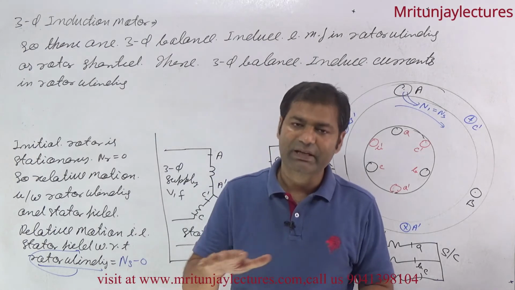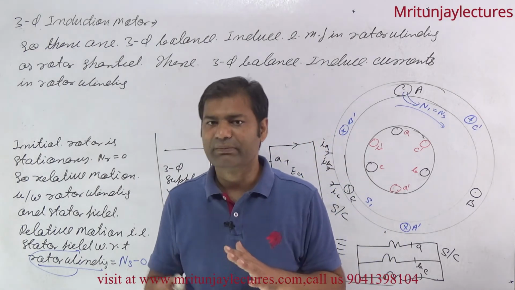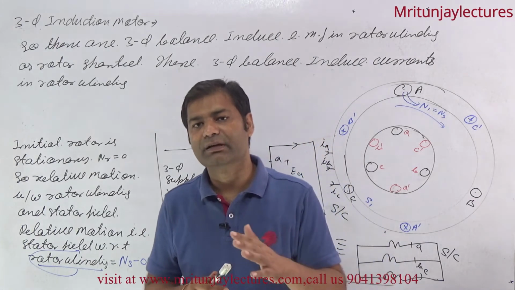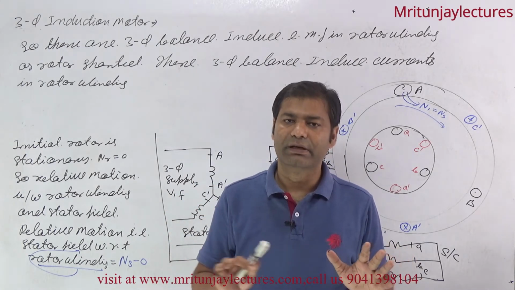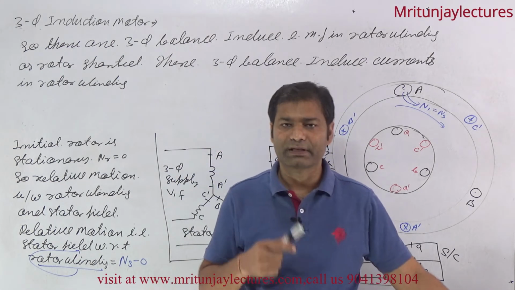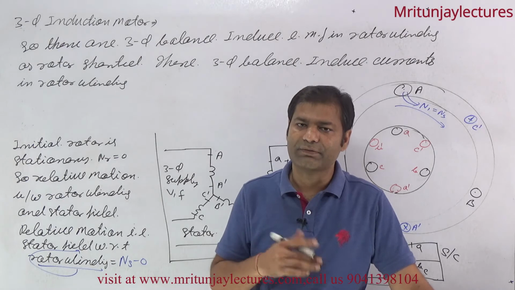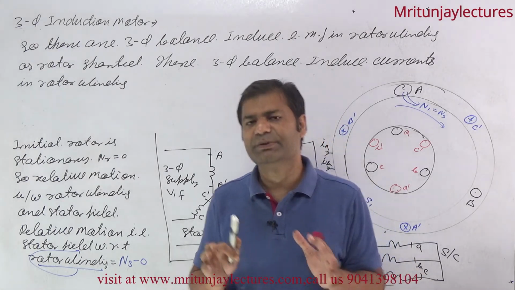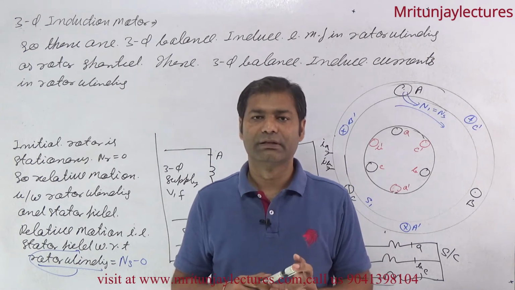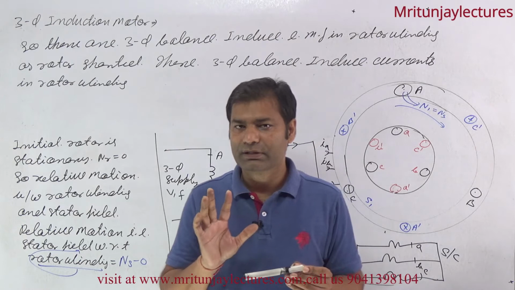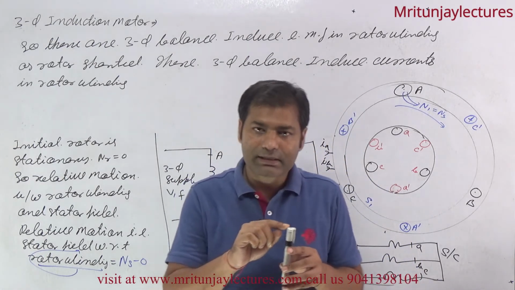If a conductor is moving in a rotating magnetic field, or the magnetic field is rotating relative to the conductor, or both are rotating at different speeds in the same direction, basically if relative speed occurs between magnetic field and conductor, then induced EMF is generated in the conductor. Clear? And the conductor is also short circuited.